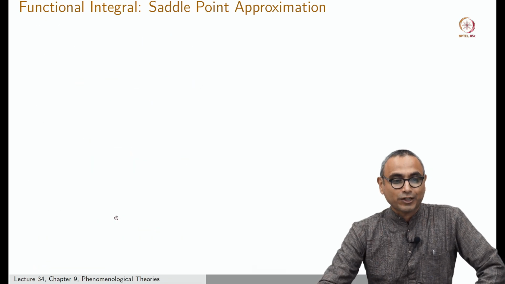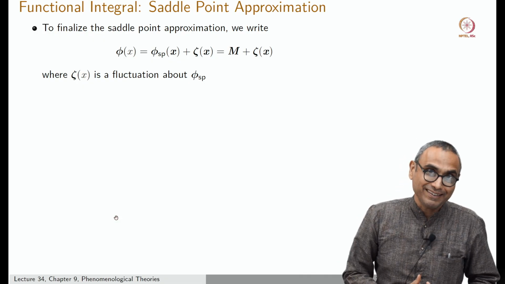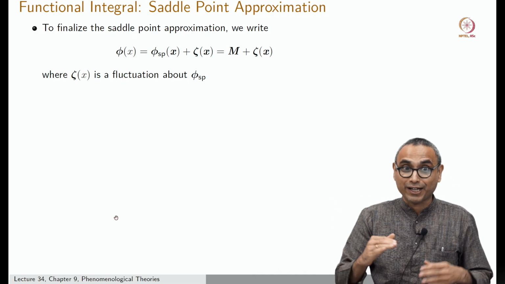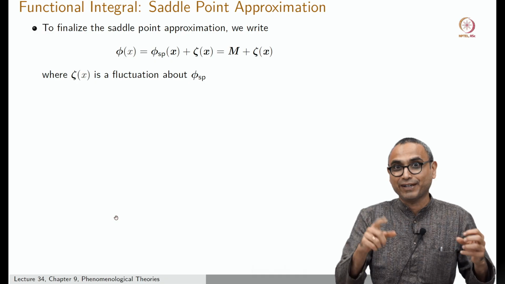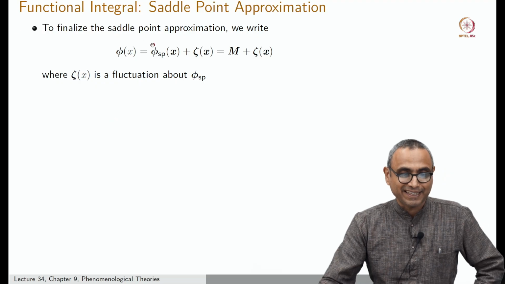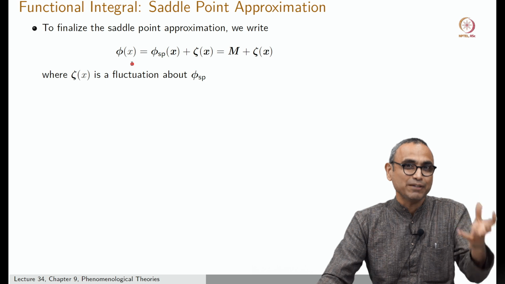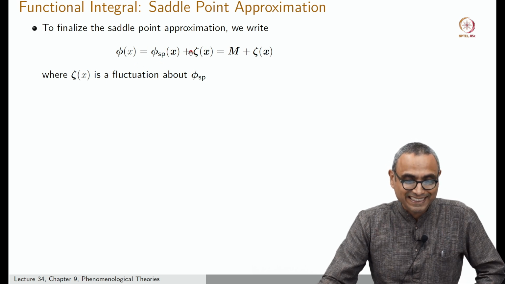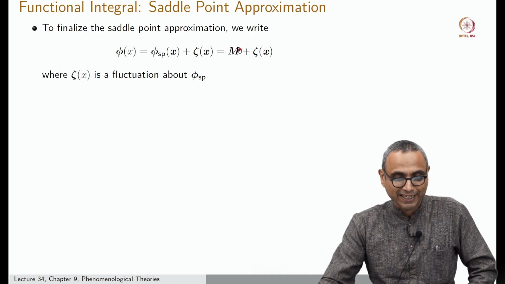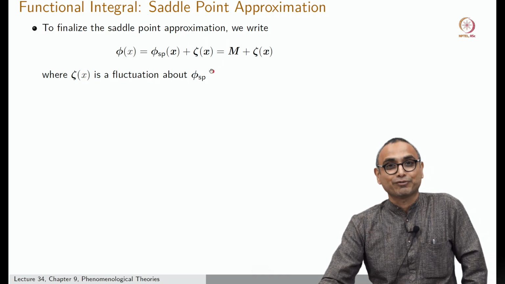Okay. So to continue on, I have this saddle point, and remember what I did in the one dimensional example. I went x minus x naught. I expanded g of x about x naught. I am going to do exactly the same thing here. I am going to take some arbitrary phi of x, and say that any phi of x is now the saddle point value, which in our case is independent of space, so I rewrite that as m, plus a fluctuation zeta of x.